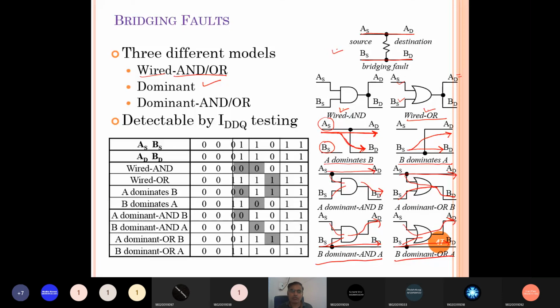These are the different types of modeling of the bridging fault: the wire AND fault model, wire OR fault model, A dominant B, B dominant A, A dominant AND B, B dominant AND A, A dominant OR B, and B dominant OR A.